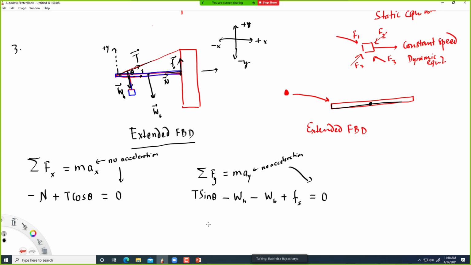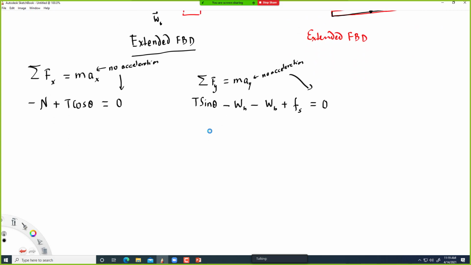Now write Newton's second law for all the torques. Just like Newton's law for linear motion, we can also write Newton's law for rotational motion. In the rotational part, instead of force we have torque.